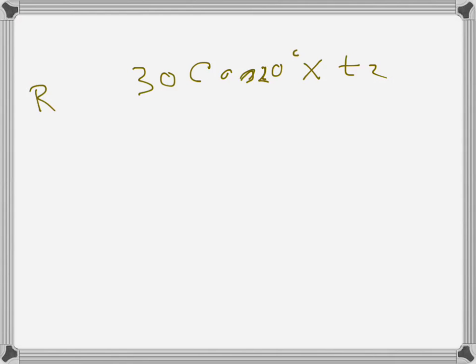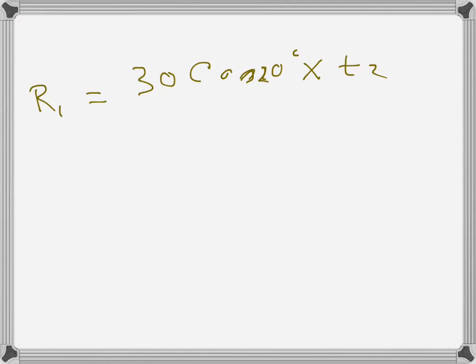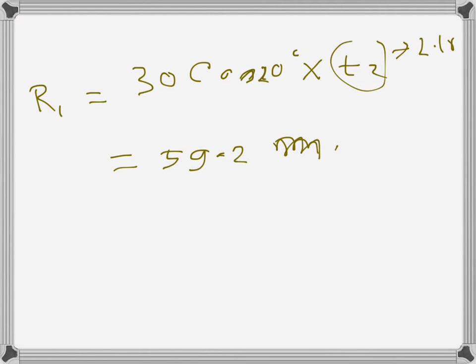If we call this distance R1, R1 will be 30 cos 20 degrees times t2, which is 2.10, so that is 59.2 meters.